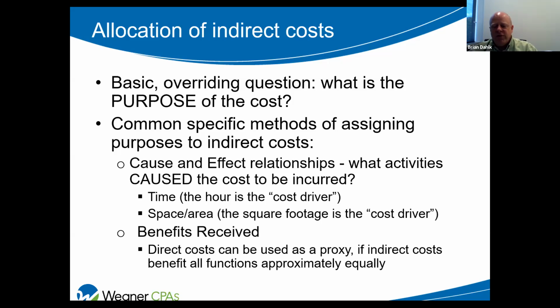This should only be used if indirect costs can be shown to benefit all the functions approximately the same amount. And it is generally recognized that that method is not as strong as the cause and effect relationship methods. But nonetheless, it can be an acceptable method if you can justify that that's an appropriate way to allocate your indirect costs.